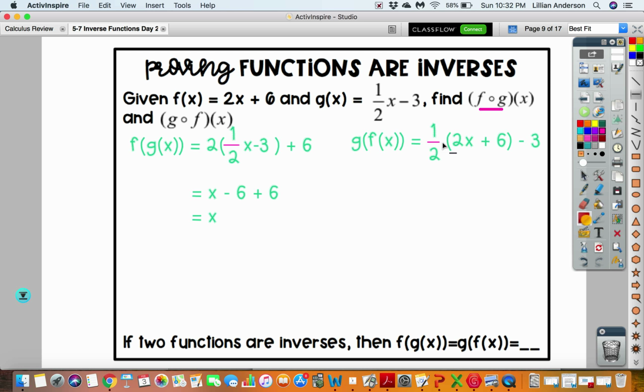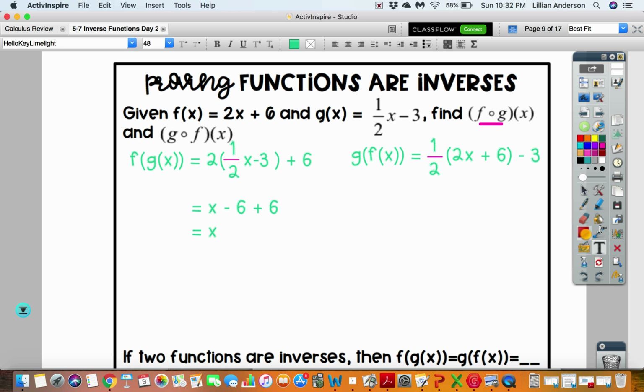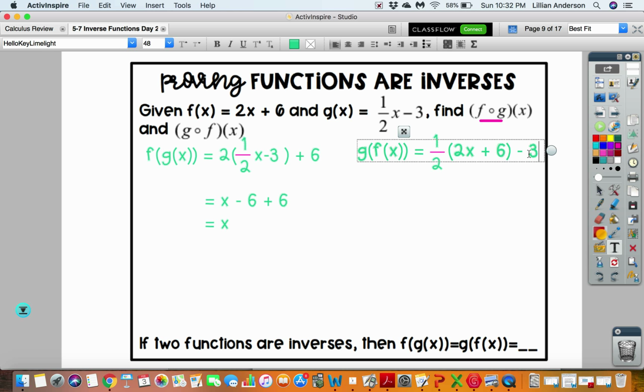Okay, so g was 1/2 x minus 3, so I'll replace that x with a 2x plus 6. And again, I'm going to distribute that over, so half of 2x is x, half of 6 is 3, and then I bring down that minus 3 from before. And again, we see that once we combine like terms, it just equals x.